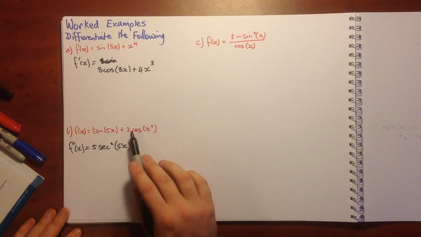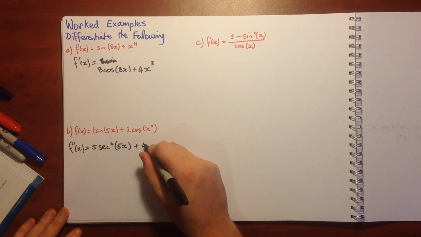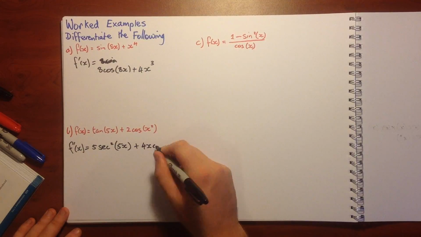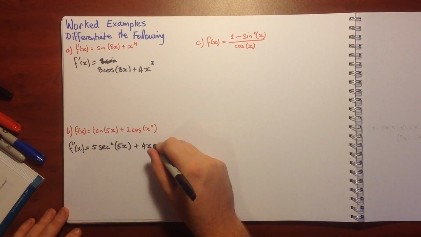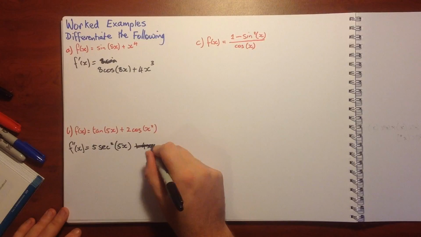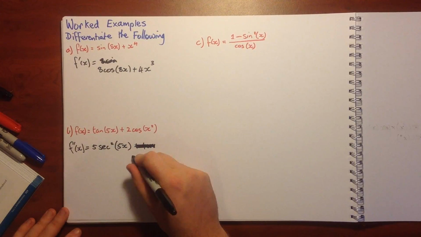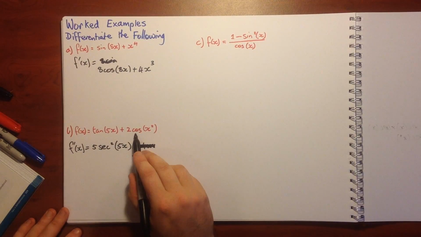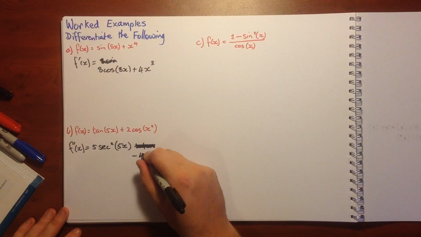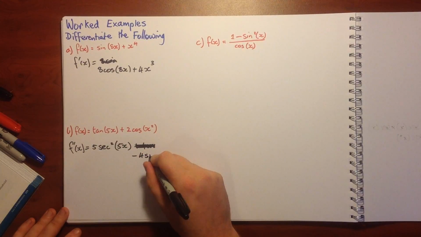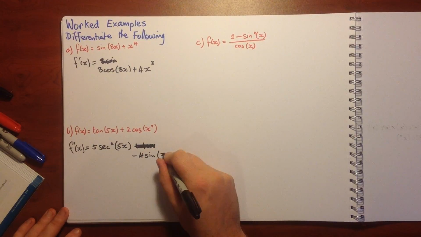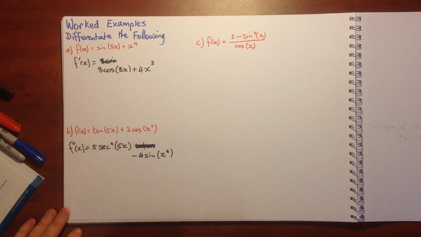The derivative of x squared is 2x. Times 2 will give us our 4x. And, sorry, I mucked up there. It shouldn't be plus. It'll be minus because cos goes to minus sine. So it'll actually be minus 4 sine of x squared. Sorry about that little mistake.